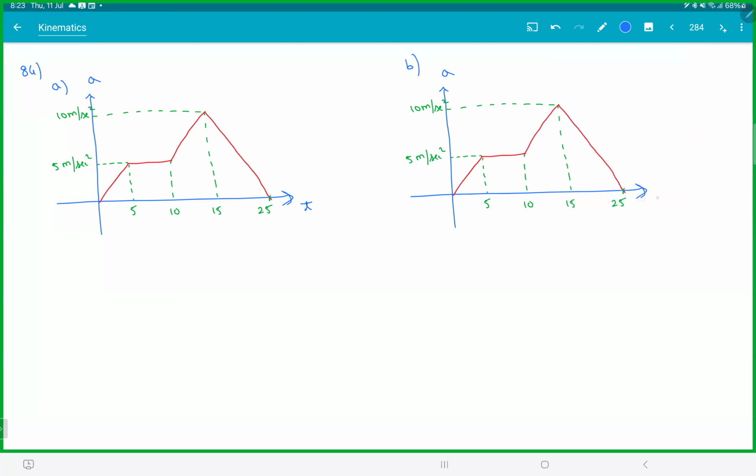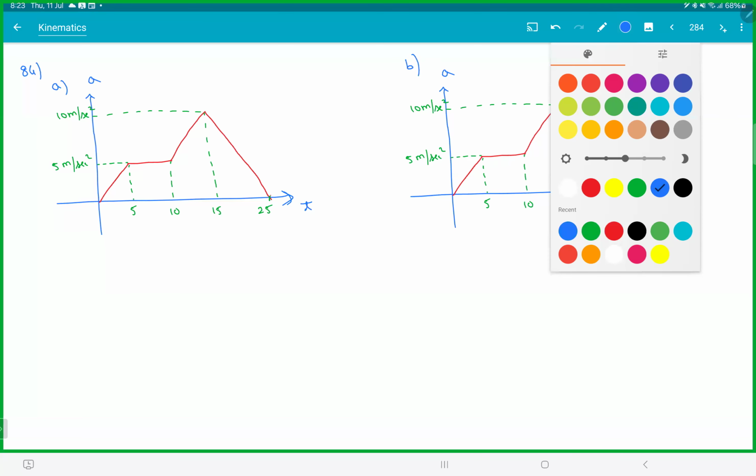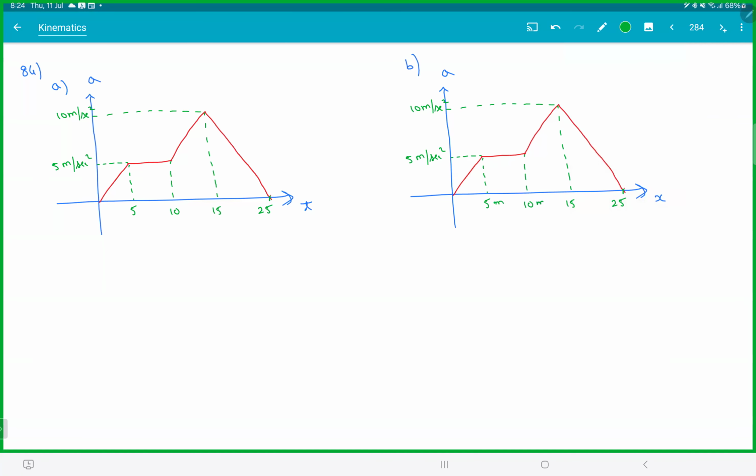Suddenly, this is not t anymore. This is x. Meaning this is 5 meter, 10 meter, 15 meter. This was 5 second, 10 second, 15 second. So in both the graphs, the initial velocity is minus 10 meter per second. Find final velocity.